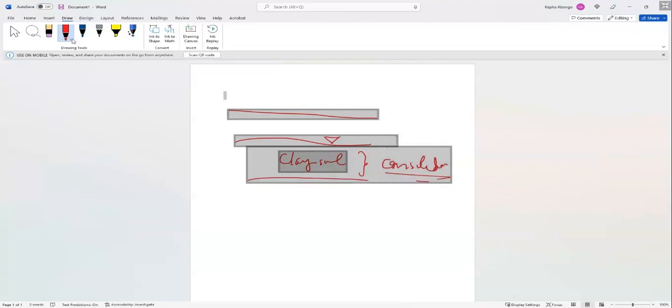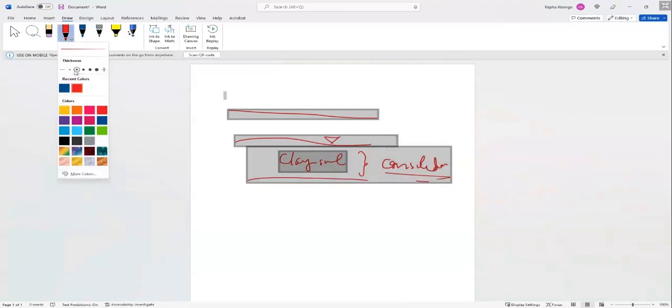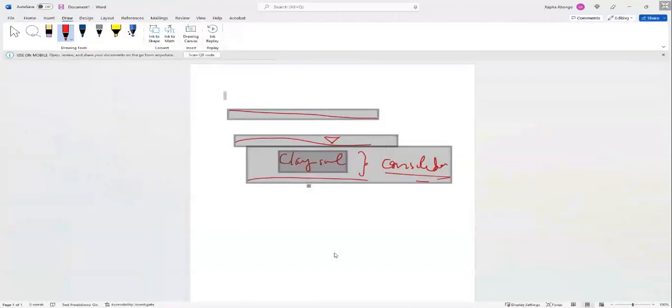So then what is the process of consolidation?